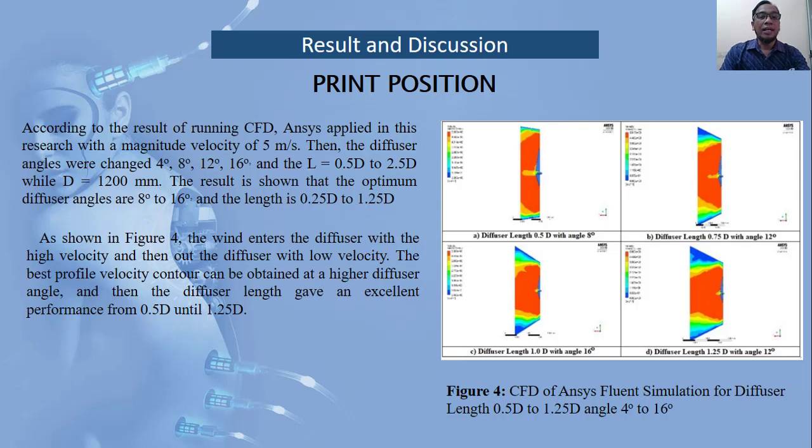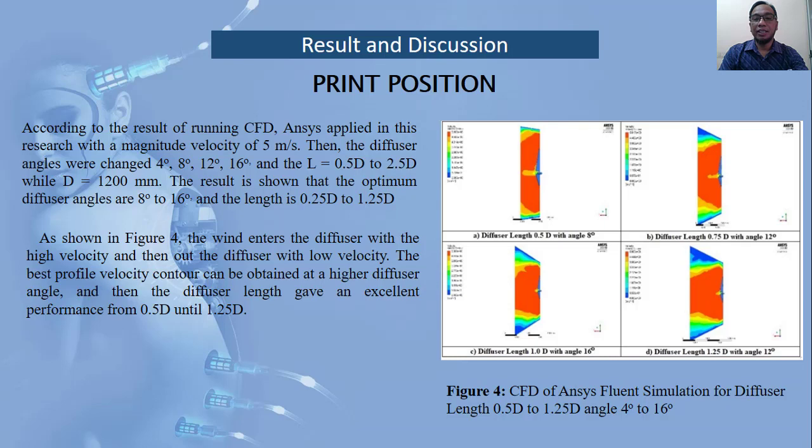1.25D. As we can see in Figure 4, the wind enters the diffuser with high velocity and then exits the diffuser with low velocity. The best velocity contour profile can be obtained at a higher diffuser angle, and the diffuser length gives excellent performance from 0.5D until 1.25D.